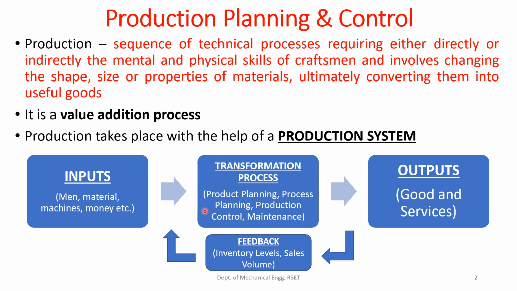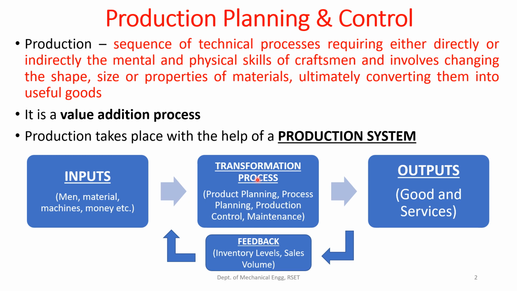So the transformation process essentially consists of certain amounts of planning and control, and these activities together are referred to as production planning and control. Now, the topic of production planning and control will be dealt with in detail in later classes.